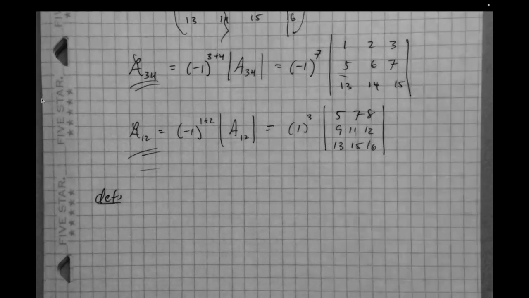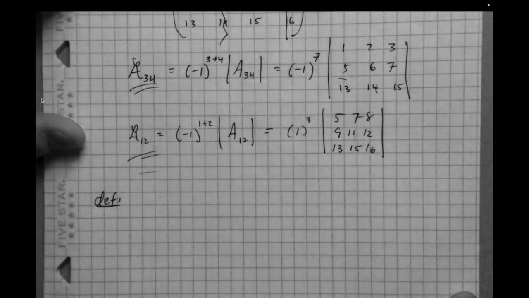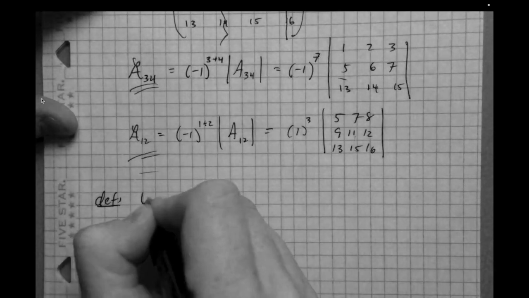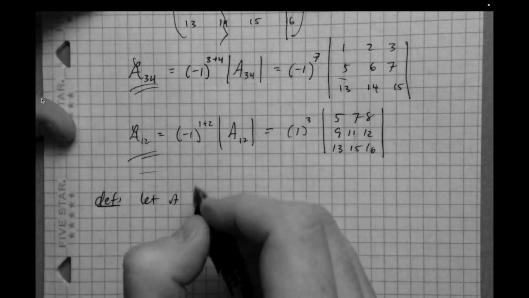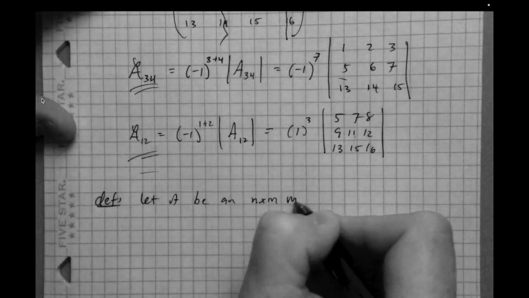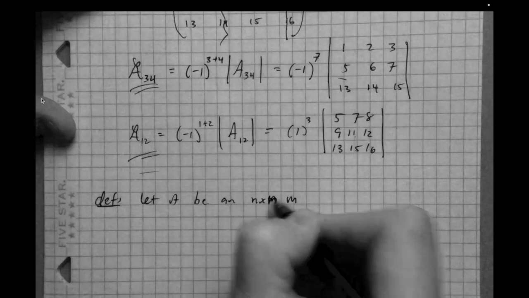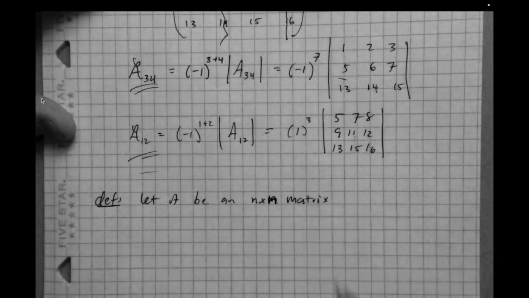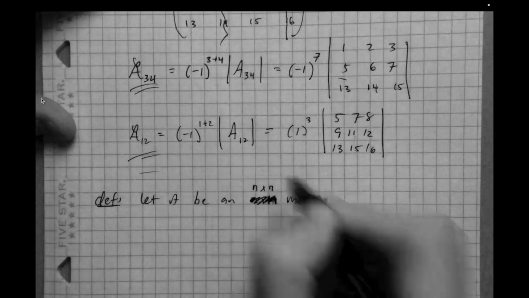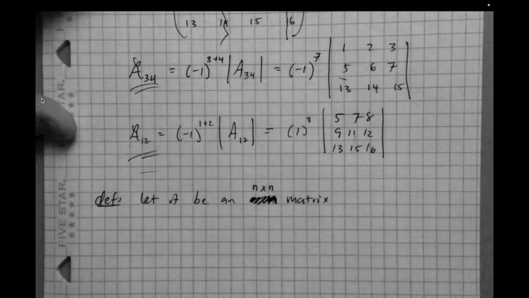This works for any n by n matrix, no limit on the dimension. So we'll let A be an n by n matrix. I want to make sure that's clear: n by n matrix.